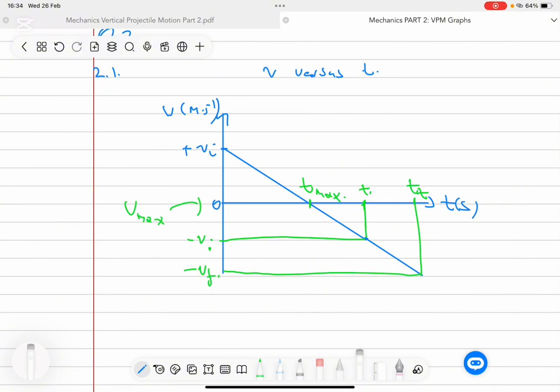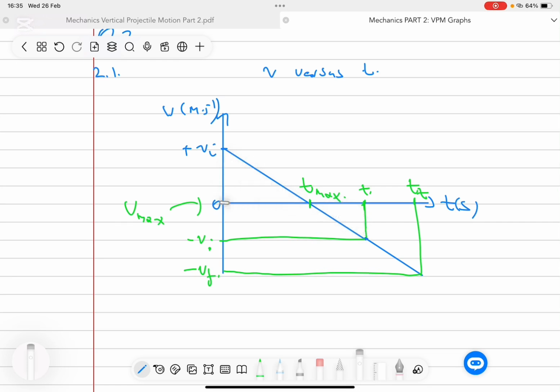And as usual, this represents the upward motion, and this here represents the downward motion. The only difference is that we get to the balcony and we further go down. That's why this side is longer than this side here. But you must notice that this part here and this part here are still symmetrical. They're exactly the same.